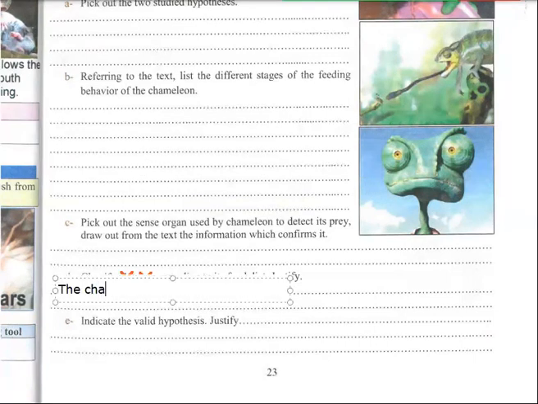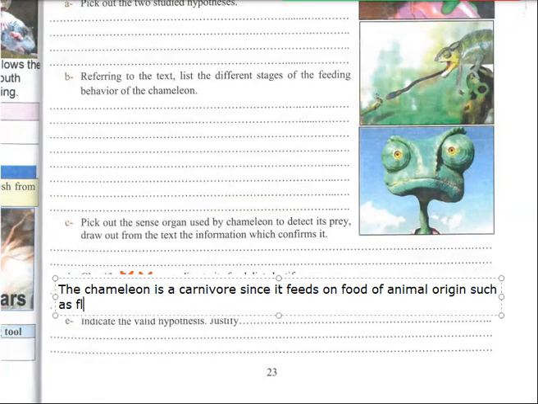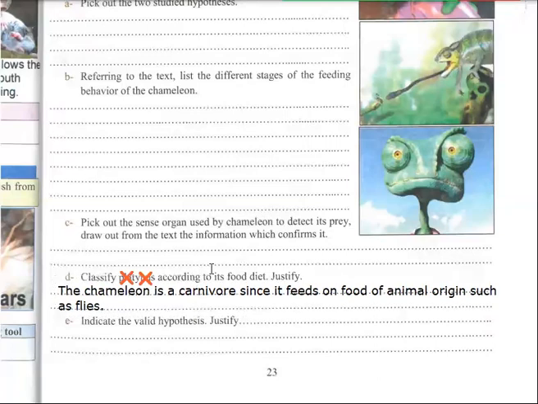Surely the chameleon is a carnivore. We should justify: since it feeds on food of animal origin, such as flies.